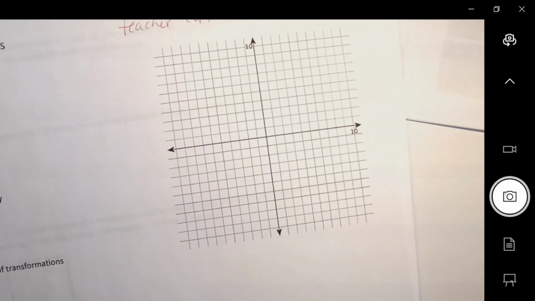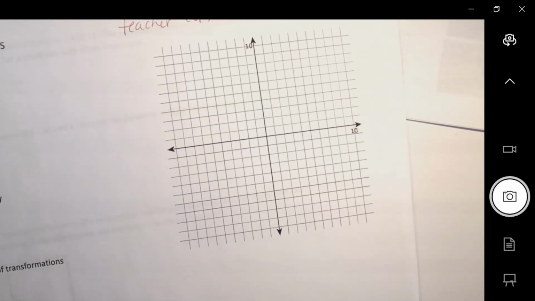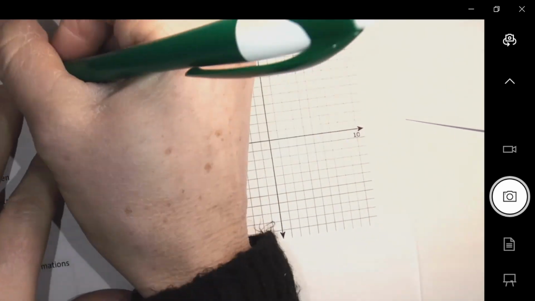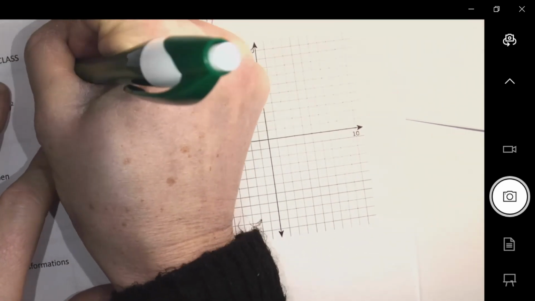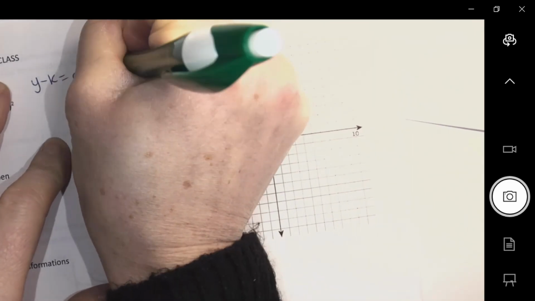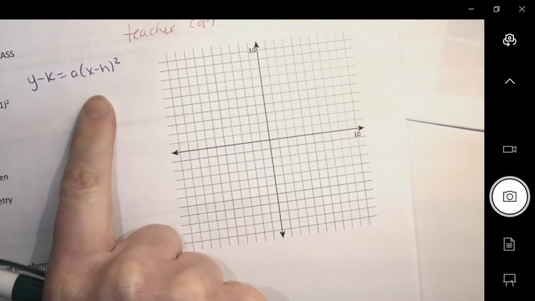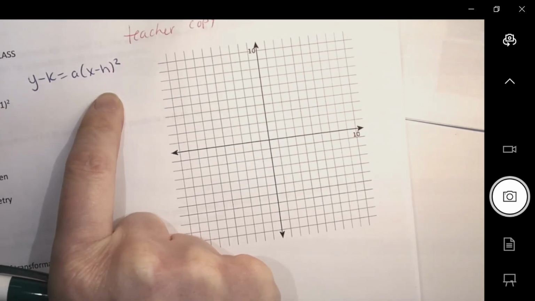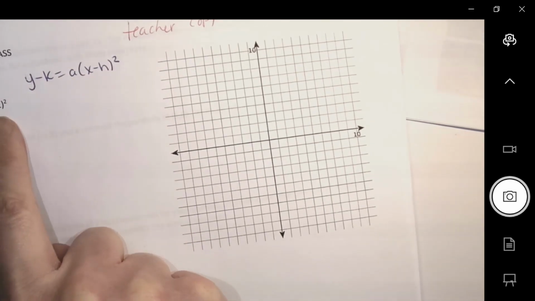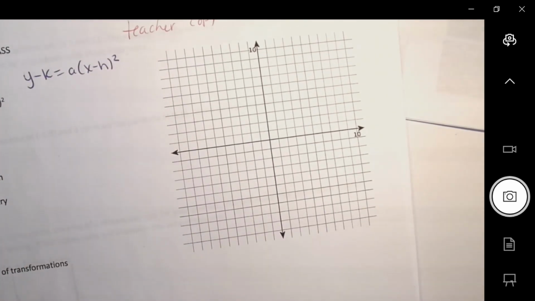On your formula sheet, you will find in the quadratic section this formula. That's what we're going to use to connect the ideas to what's going on.